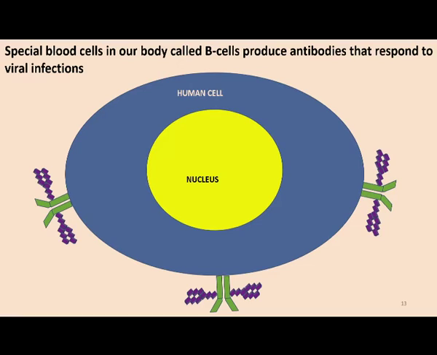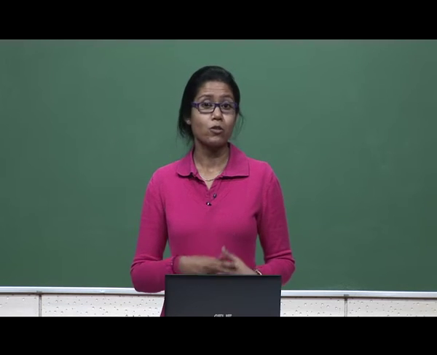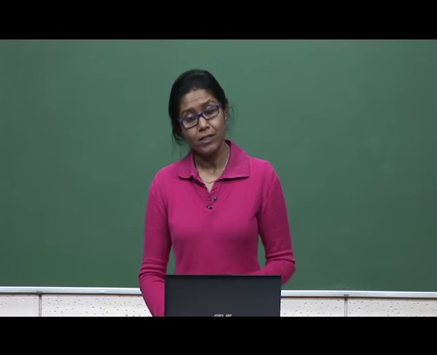Then again, if we are infected with a virus, then as an immune response, our body produces something called antibodies, and these antibodies would recognize that virus and will clear it out of our system. So, nowadays when we hear about coronavirus, we also hear about antibodies that are produced in infected individuals and are in circulation in the serum, in the blood of the individual, right.